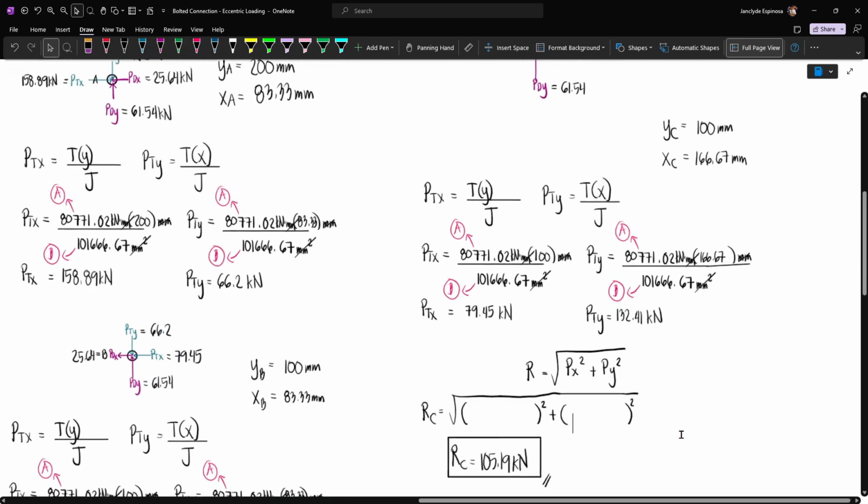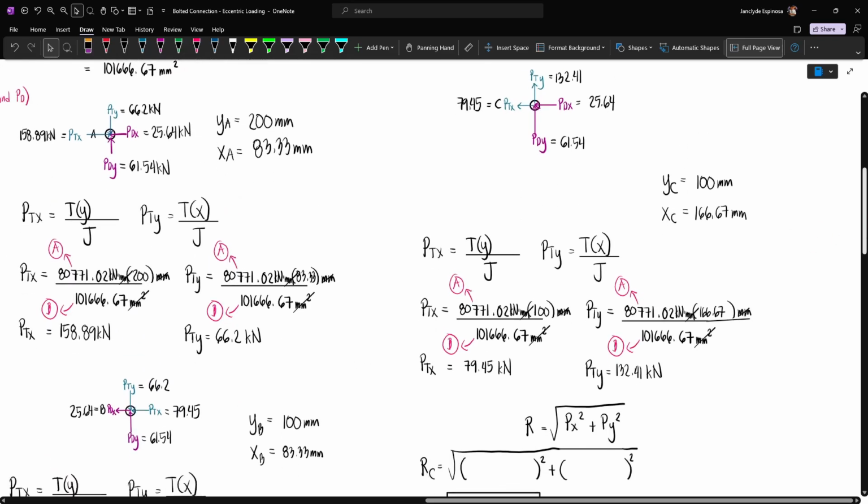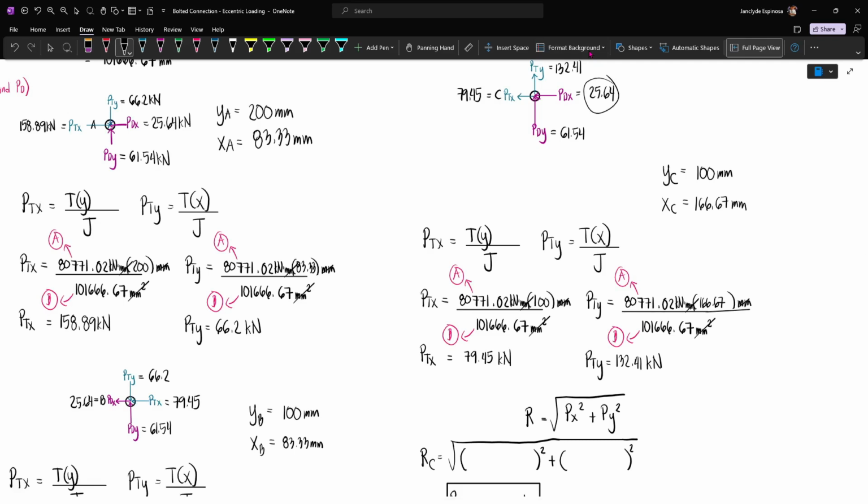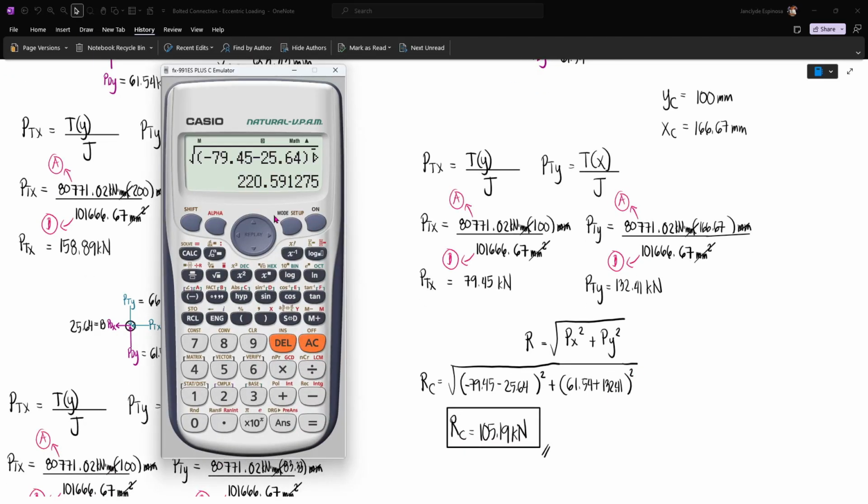For the forces along X, this is minus, and this is also minus, because they are going to the left. So minus 79.45 minus 25.64, plus the forces along Y, which are 61.54 going up, plus 132.41 also going up. And so RC will become 220.59.